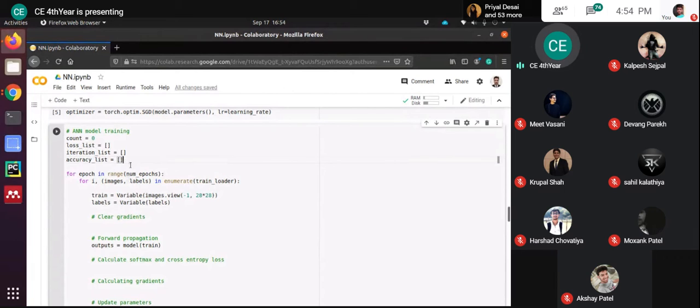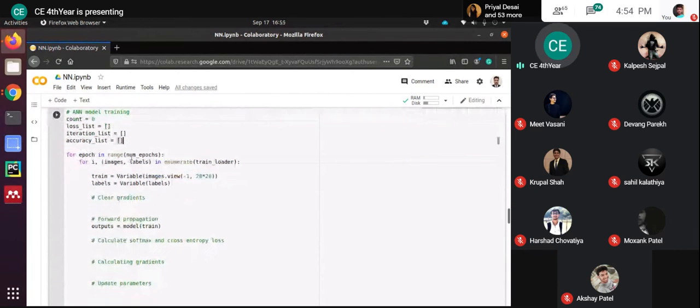Now in this for loop, for all the epochs, and this number of epochs we already mentioned, so that is one of the hyperparameters. From this train loader, we'll have image and label. And if you can recall, whenever we created that data loader, at that time we merged image as well as the label together.